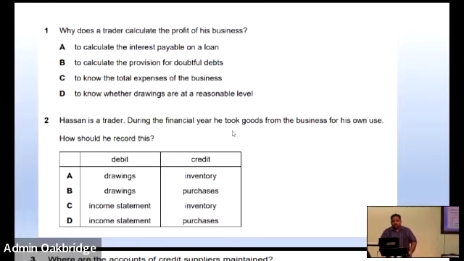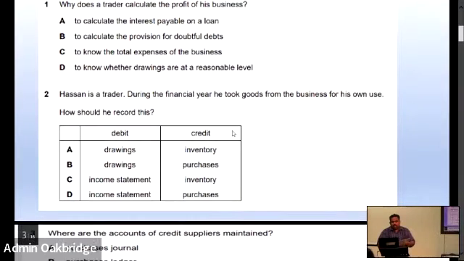Are you calculating profit to know the total expenses of the business? Maybe, but is it only that? No. Generally the answer is to know whether the drawings are at a reasonable level, because you want to make sure your capital is not affected. So that's why the answer is D.